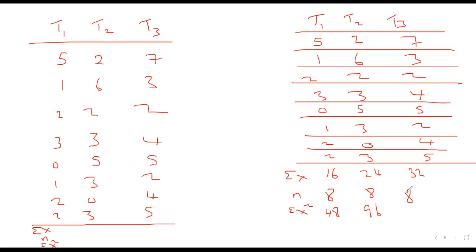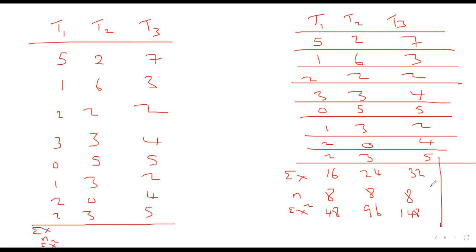Then we'll square them now. 7 squared plus 3 squared plus 2 squared plus 4 squared plus 5 squared plus 2 squared plus 4 squared plus 5 squared. What we get is 148.